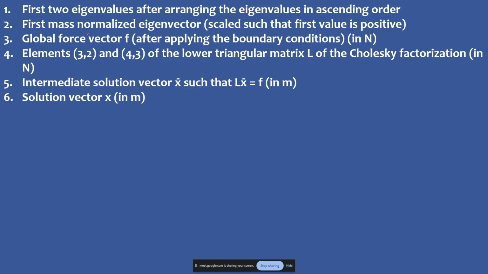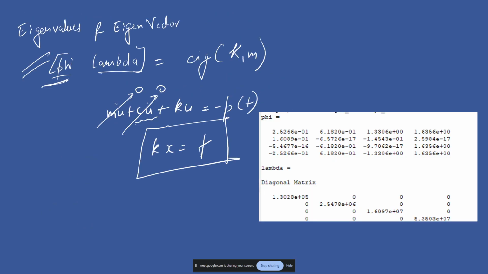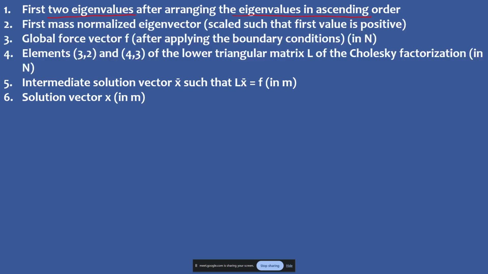So here it has been asked first to calculate two eigenvalues, and then after arranging the eigenvalues in ascending order. So your first two eigenvalues are this one. Then you need to calculate your first mass normalized eigenvector.